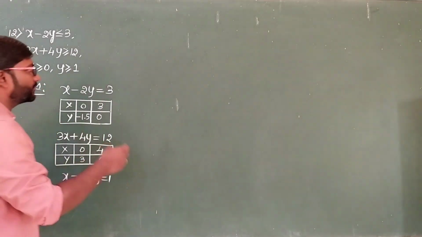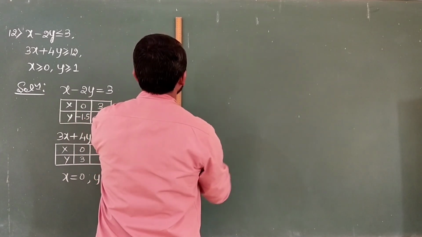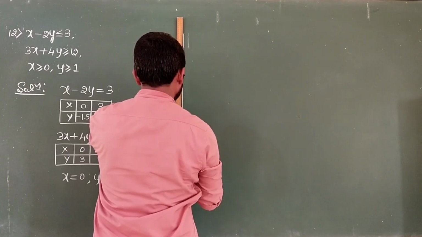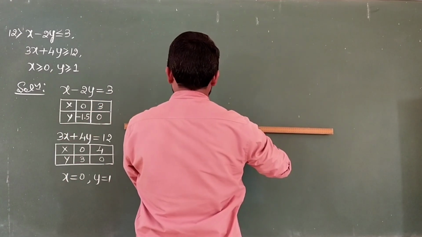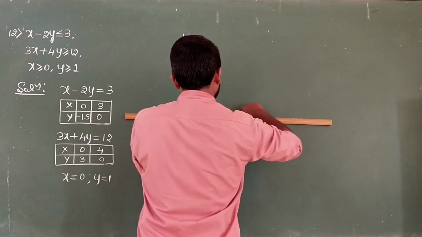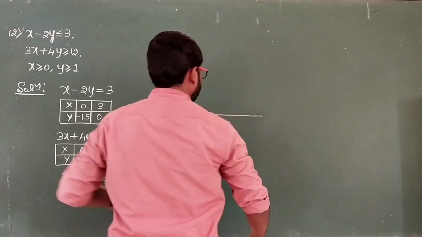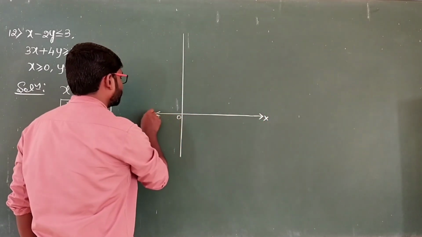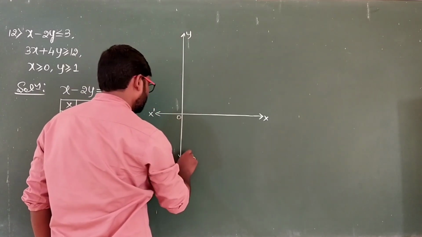With the help of this, we have to go for the graph. X, O, X dash, and this is Y, O, Y dash.